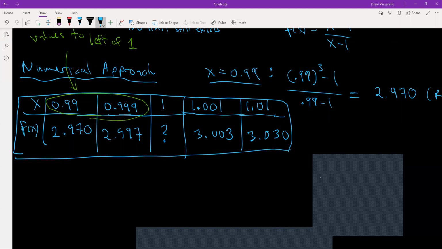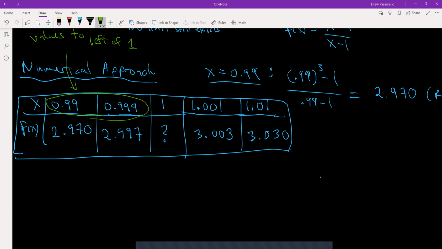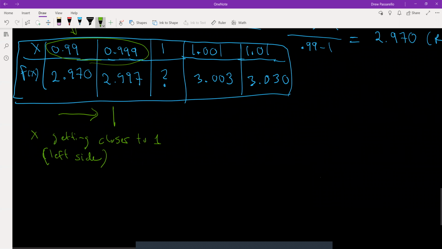All right, so these are X values getting closer to 1 from the left side, and you'll notice the Y coordinates are getting closer and closer to what we can estimate to be 3.